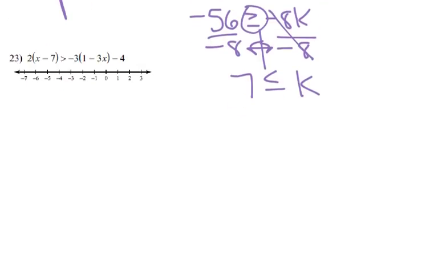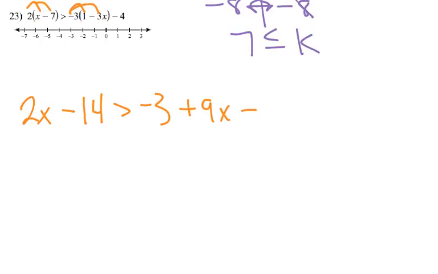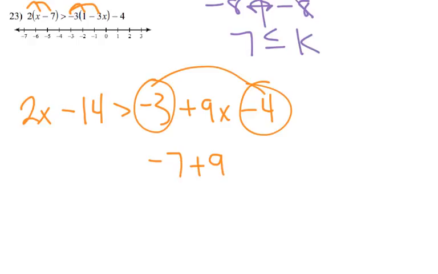Okay, now that last problem, we're going to distribute again. 2 times x is 2x, 2 times negative 7, negative 14, negative 3 times 1, negative 3, negative 3 times negative 3 is a positive 9x minus 4. These two I can combine, negative 3, negative 4, give us negative 7 plus 9x is greater than 2x minus 14.